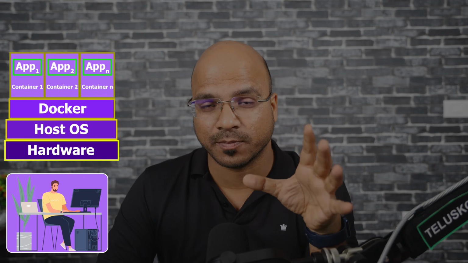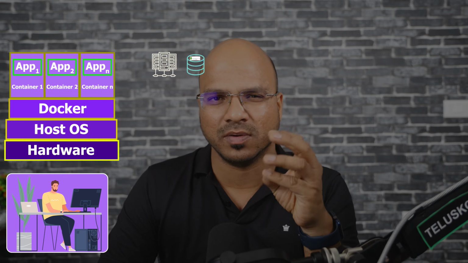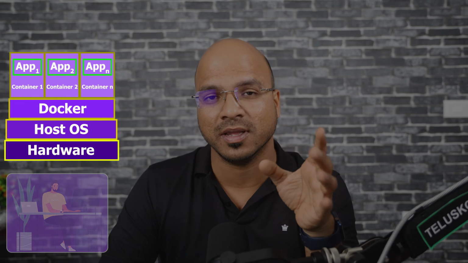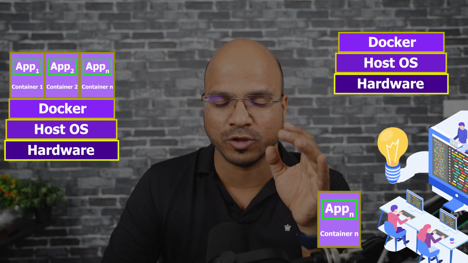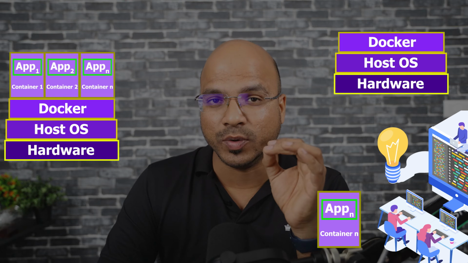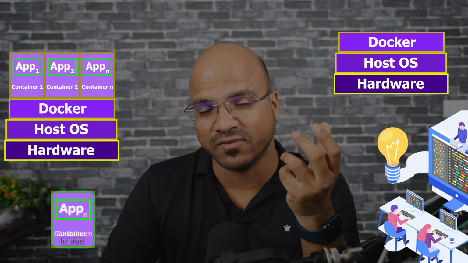Of course, if you want to run a particular container, as I mentioned, as a developer, you do all the setup on your machine and you have installed the compiler, the web server, the database, all the configuration, and now you want to give this container to some other team or install it on some other machine. You cannot simply give a running container, of course. So you have to give an image.